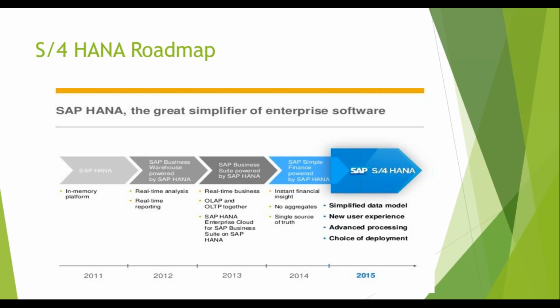Another thing to note, as I told you, SAP S4HANA comes in two versions. Two versions means two flavors. Either you go on premise or you go on cloud. As we discussed, the first version was 1511, the second version 1610, and the third version we are expecting in 1710, 1810, like this.